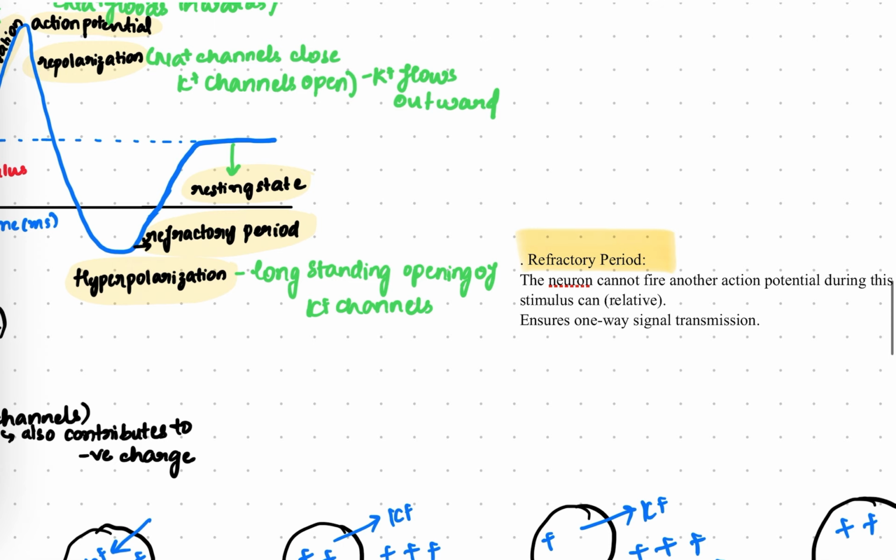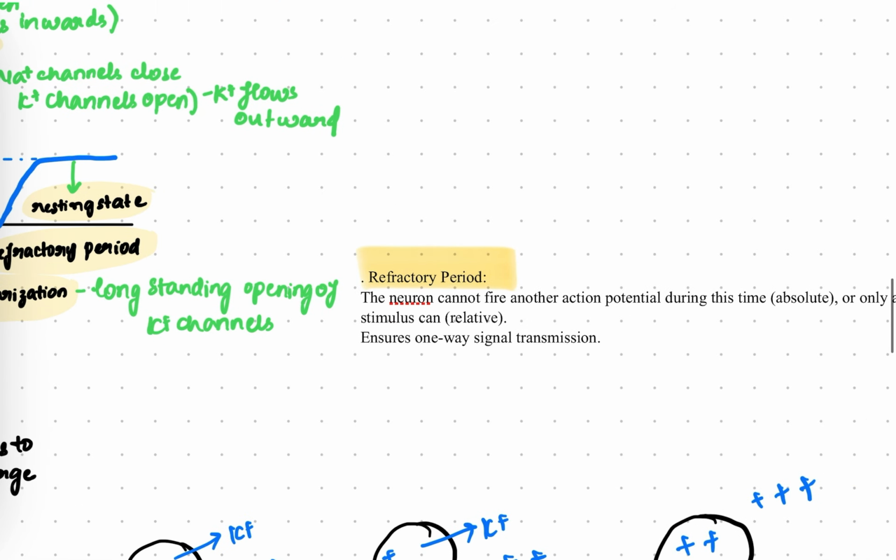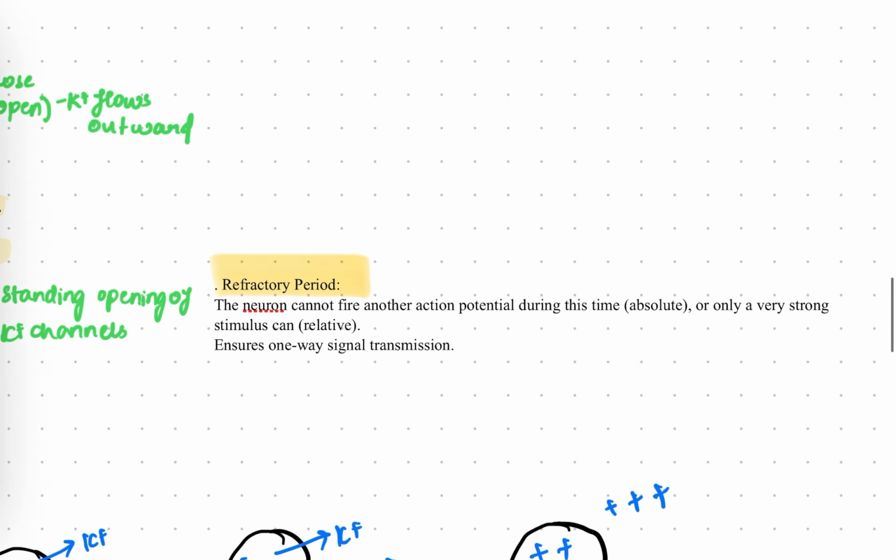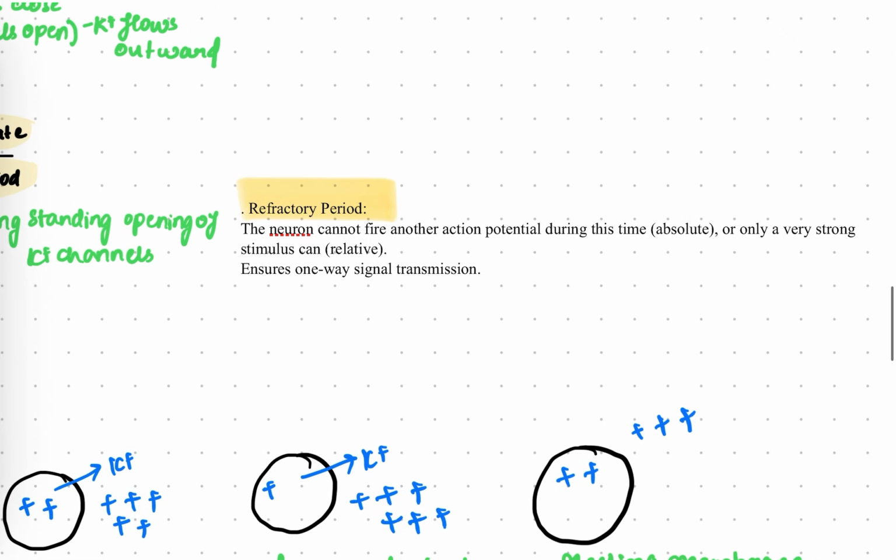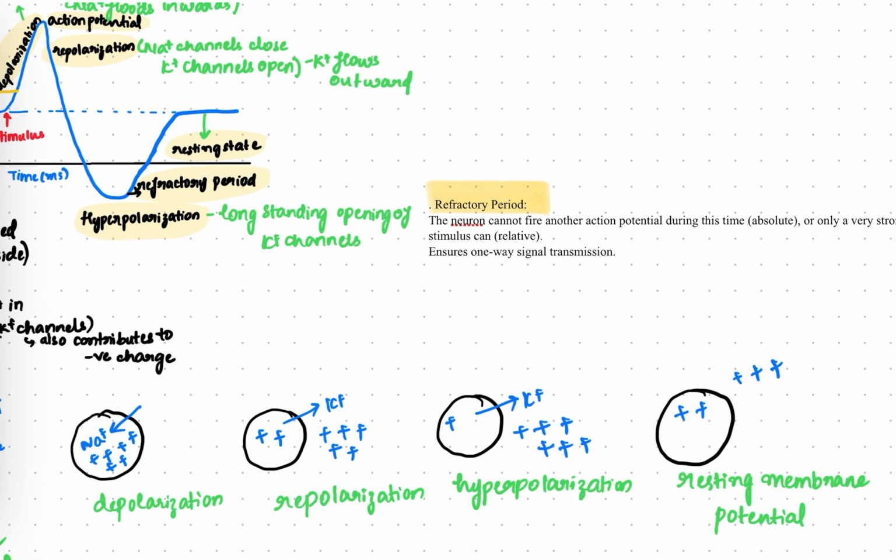There is a period called the refractory period, during which a neuron cannot fire another action potential. It can be absolute, if absolutely no other action potential can fire, or relative, where a very strong stimulus can trigger an action potential. It ensures one-way signal transmission, that's why the refractory period is important.